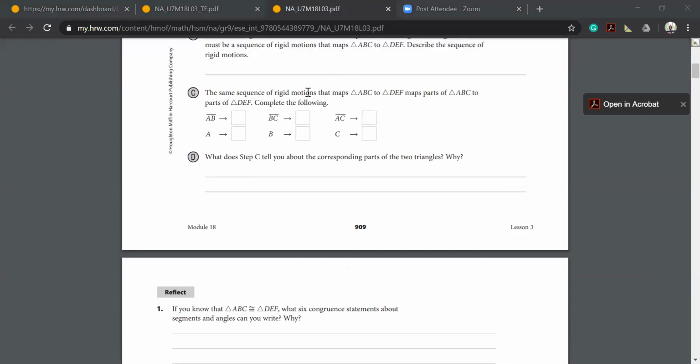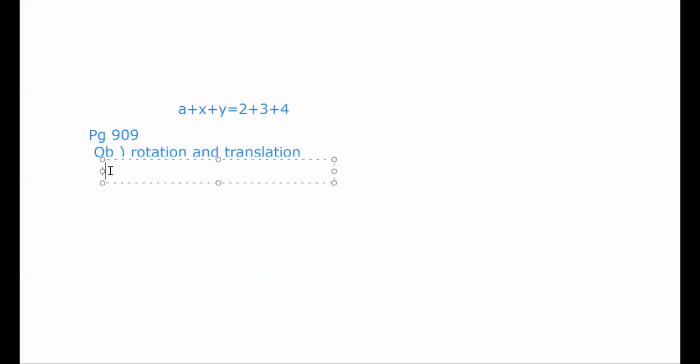For question C, in here, corresponding parts are congruent. Okay, corresponding parts are congruent.